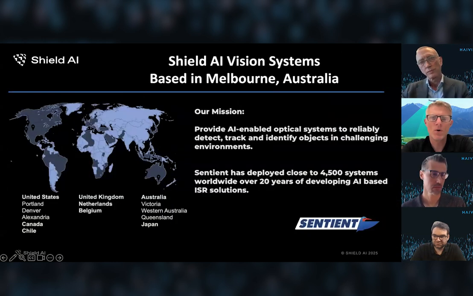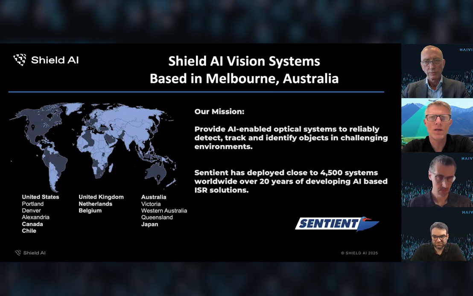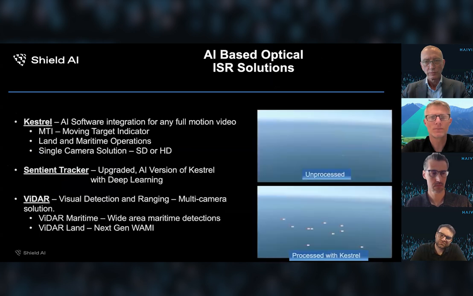So we've been developing these analytics since 2009. We installed our first AI analytic in support of the Australian Defence Forces in 2009, and we really produced that AI-enabled moving target indicator, locating small target detection. Next slide, please.